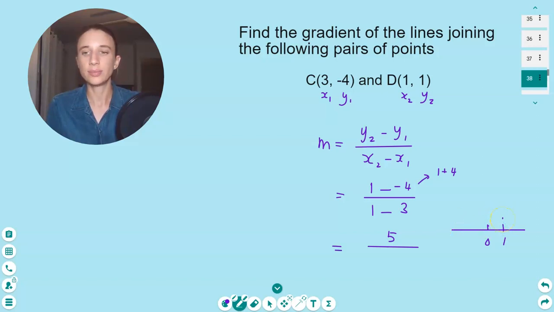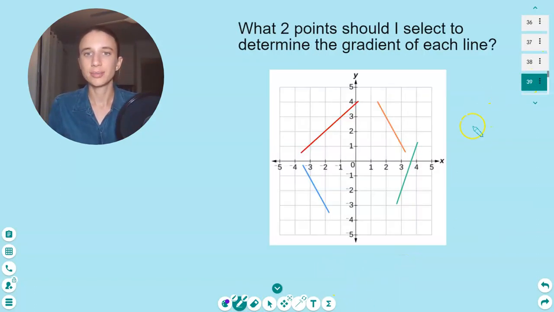So 1 leaves us at -2. All right, we're crossing into those negatives. So that's our answer. -2.5, or you can leave it as a fraction like that. Okay, that's our gradient. You can do this.